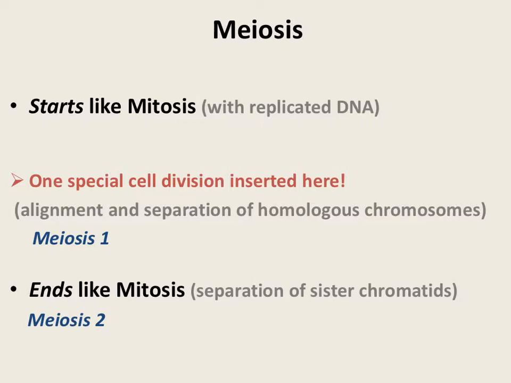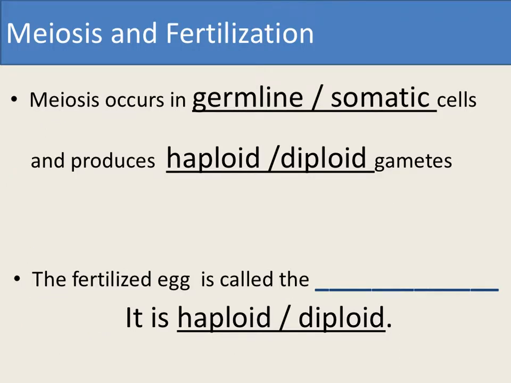Now, so meiosis occurs in what? Germline or somatic cells? Germline. And they produce haploid or diploid cells? The fertilized egg is called what?